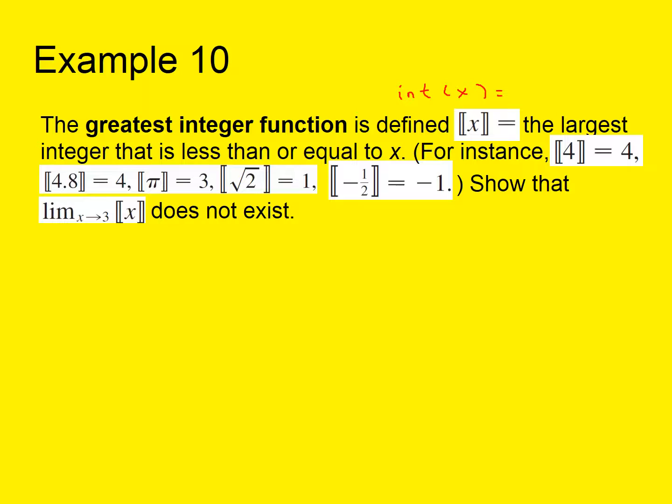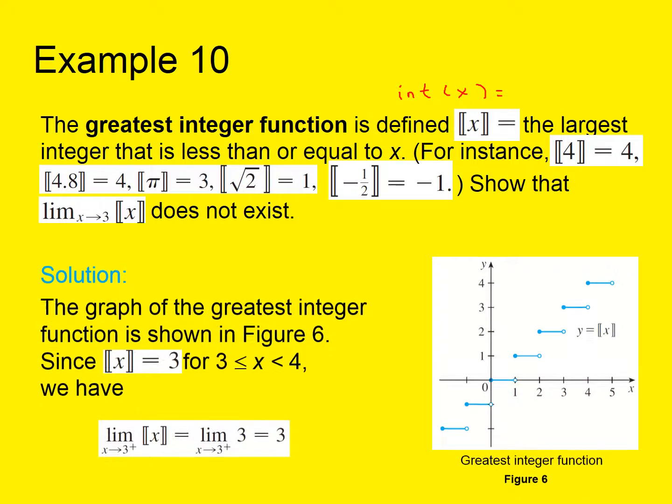Show that the limit as x approaches 3 of the greatest integer function evaluated at x does not exist. Okay, so there's the graph of the greatest integer function, kind of a famous step function. The graph is shown in figure 6.